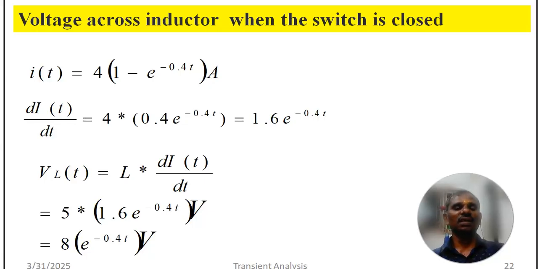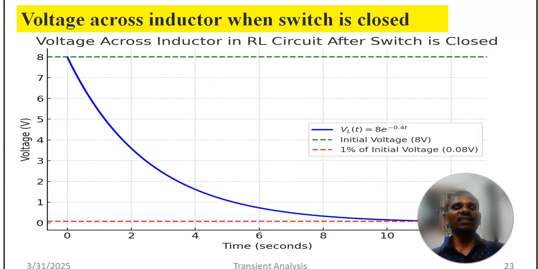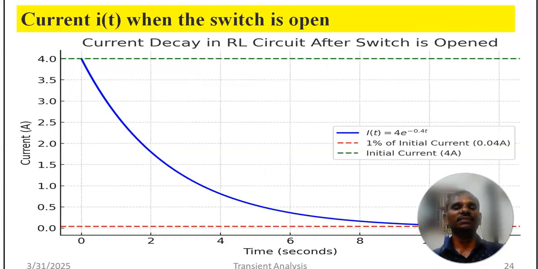If you plot this, it is decreasing from 8 volts to 0 volts. The blue line represents the voltage across the inductor, which is slowly decreasing, and at 12 seconds we can see that it's 0. The green line represents the initial voltage of 8 volts and the dotted red line represents the final voltage at 0.